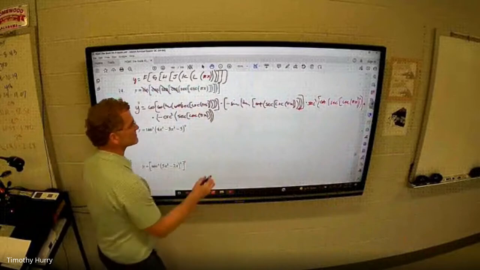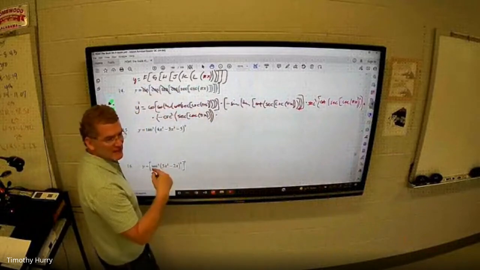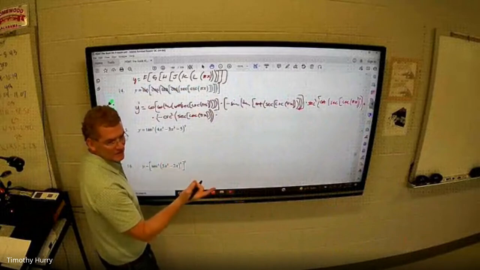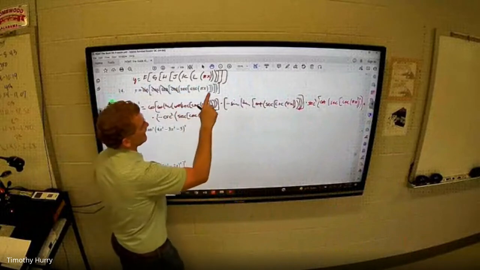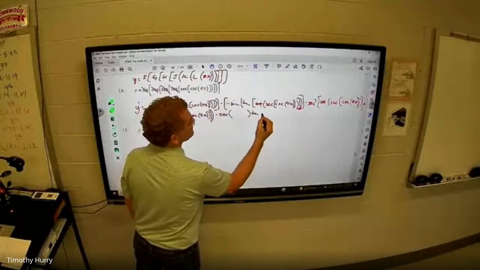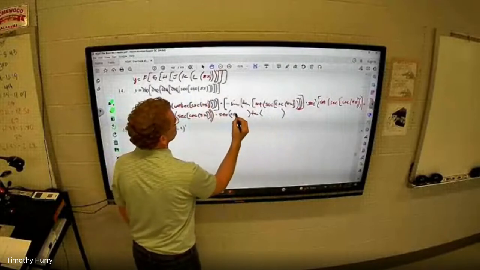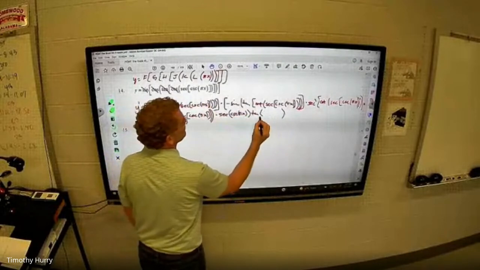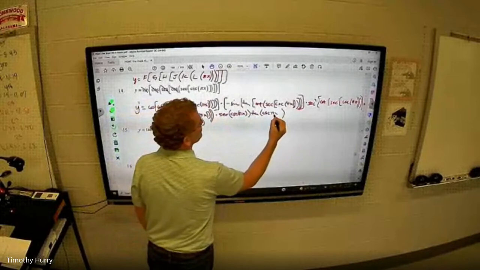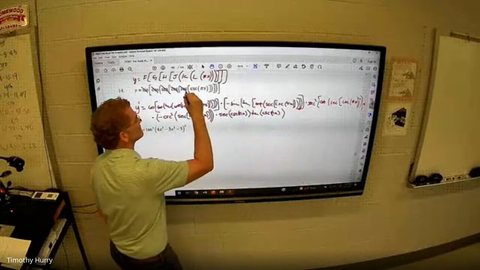Times secant tangent. Now the derivative of secant is secant blah tangent blah. So the derivative of secant of that is secant of that tangent of that. So I need to copy the cosecant pi x in there, and that takes care of the secant.